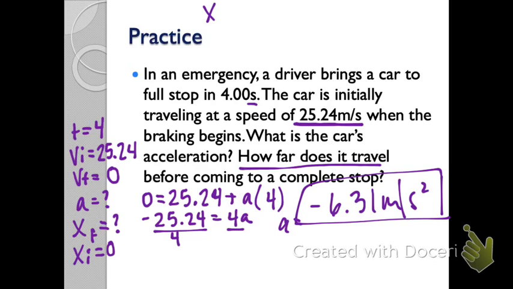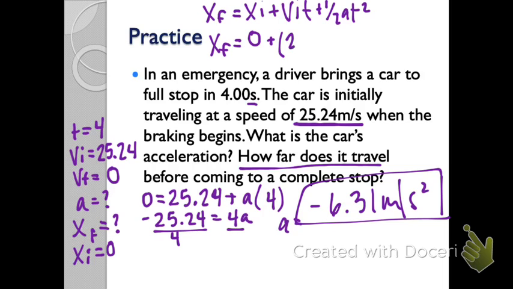Okay, second part of our problem, I need to solve for x final. So I'm going to use that xf equals xi plus vit plus 1/2 at squared equation. Okay. X final is what we're solving for. My initial position is 0.